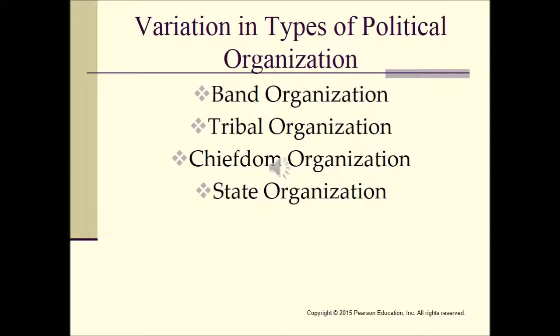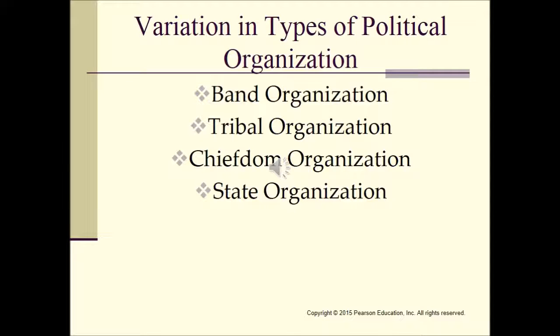But cultural anthropologists recognize four types of political organization: band organization, tribal organization, chiefdom organization, and state organization. We'll go through each of these, but we'll see how they're tied. Band organization is typically a foraging type society, egalitarian.